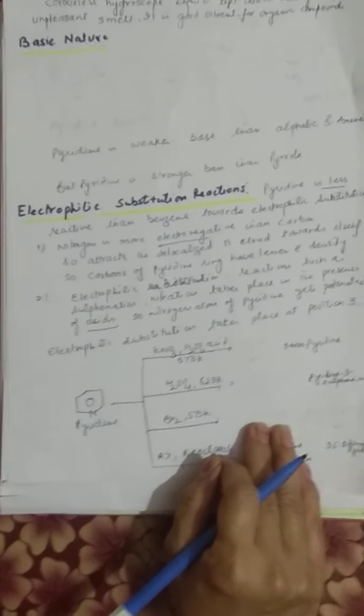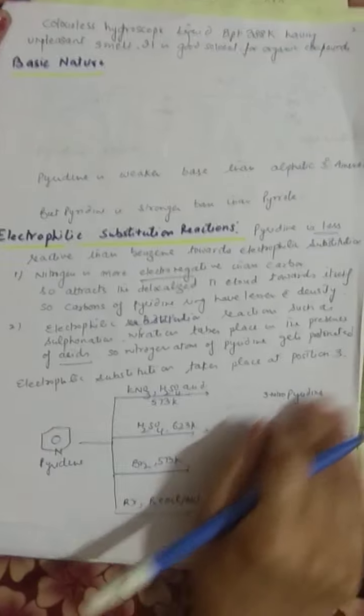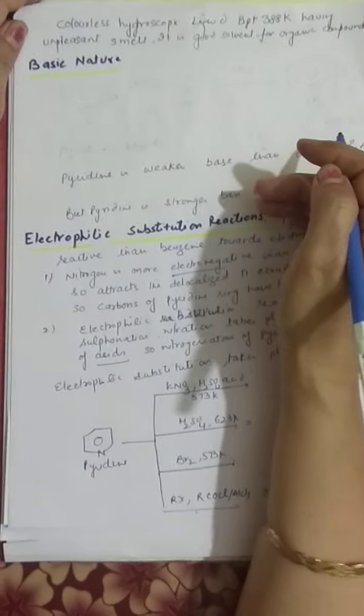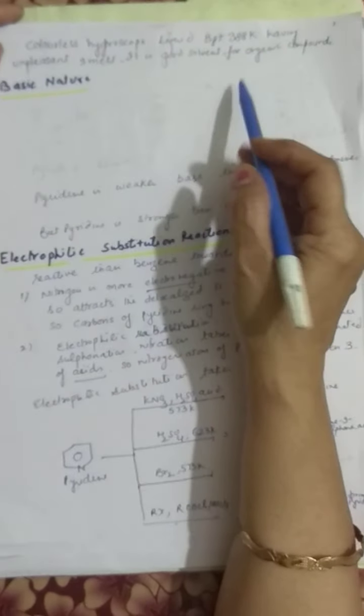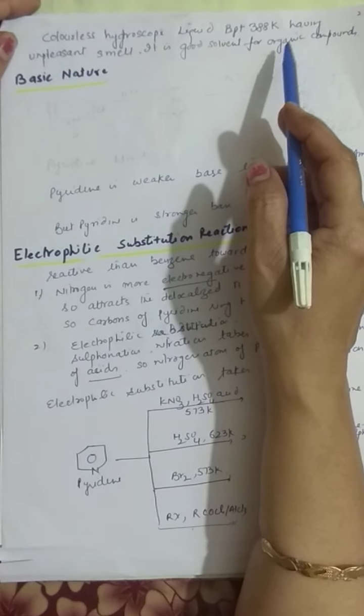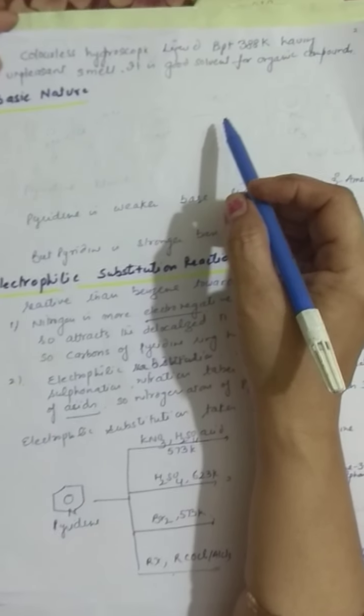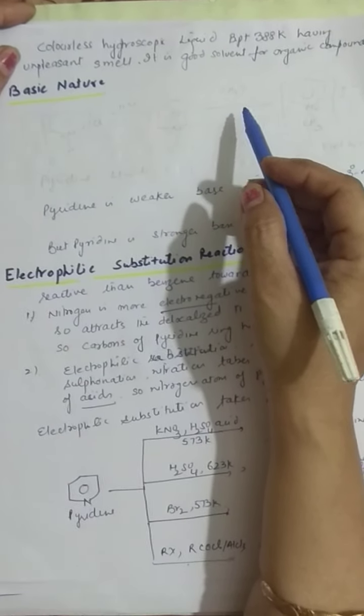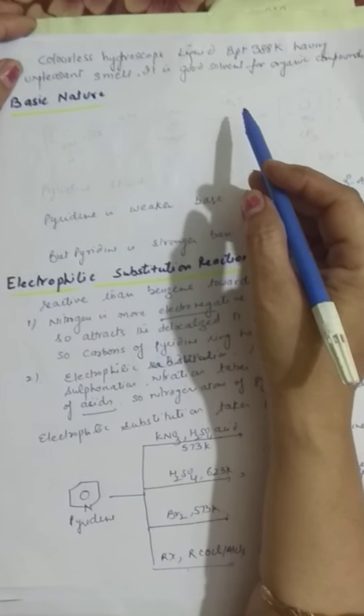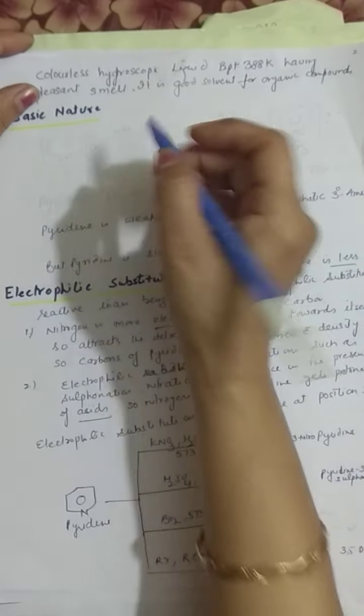Pyridine is a colorless hygroscopic liquid with boiling point 388 Kelvin. It has a very unpleasant smell, but it is a very good solvent for most organic compounds.